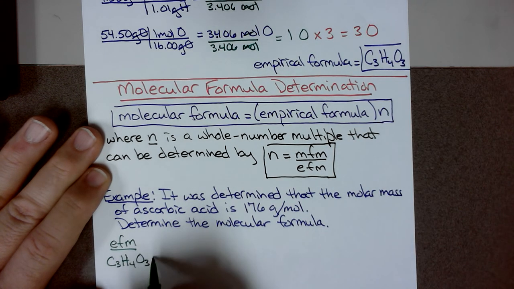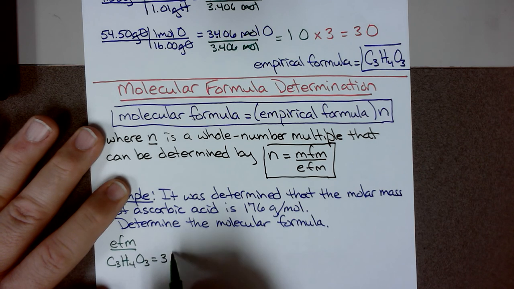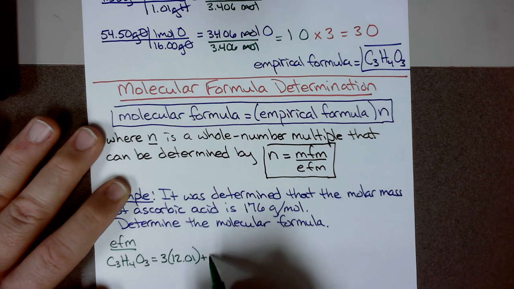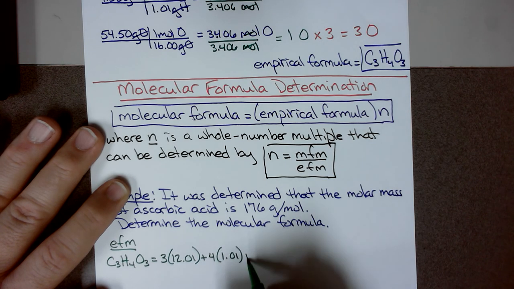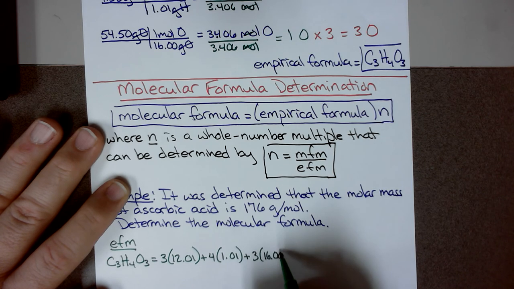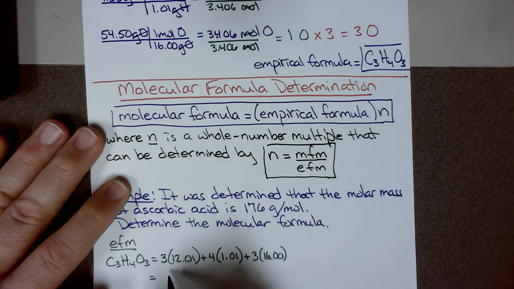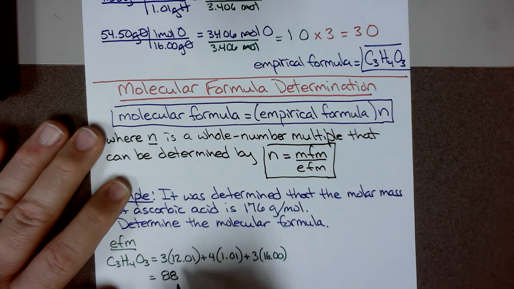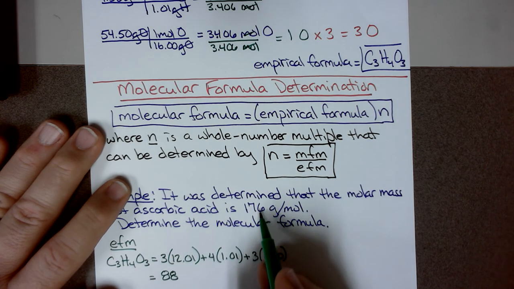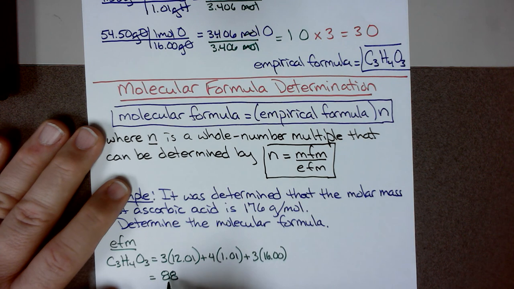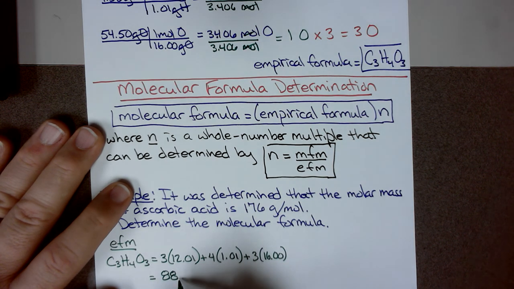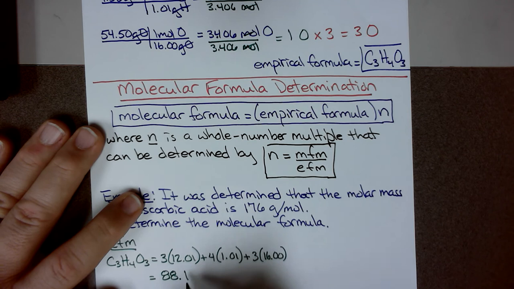That is 3 times 12.01 plus 4 times 1.01 plus 3 times 16.00. This is equal to 88, and since this is a whole number here, I'm just going to leave this as a whole number. It's 88.07. We'll round it to 88.1. We'll get that close. It's really not that critical.